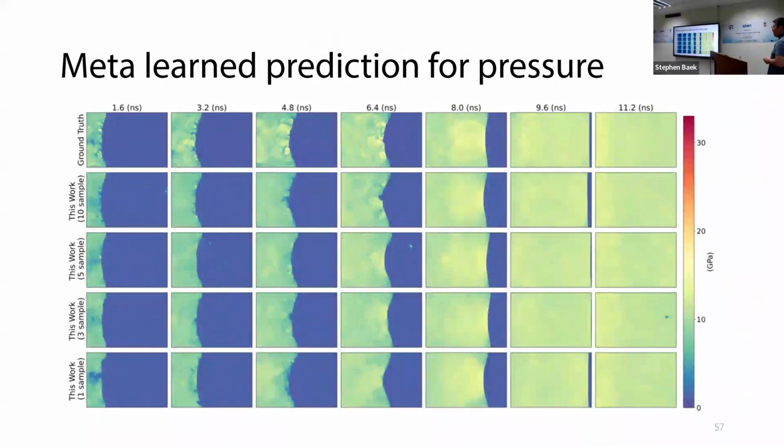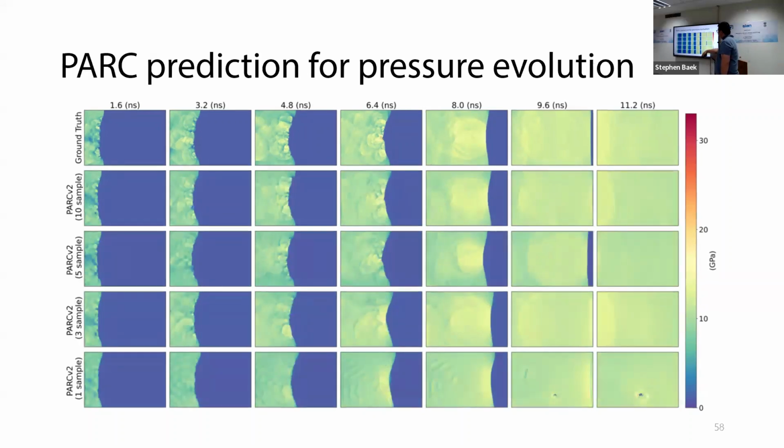So same type of deal for the pressure field prediction. When you have only one sample, this is the result that you're getting, and then after 10 samples, again, to be fair, the pressure field is kind of blurry, so I don't know if this prediction result is good enough.